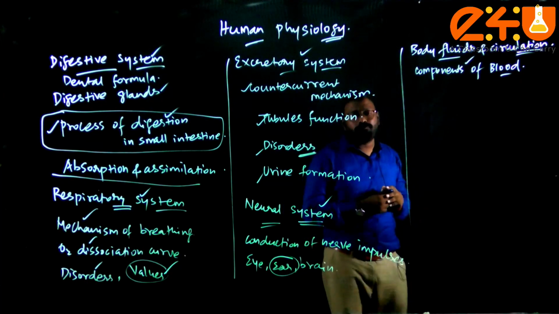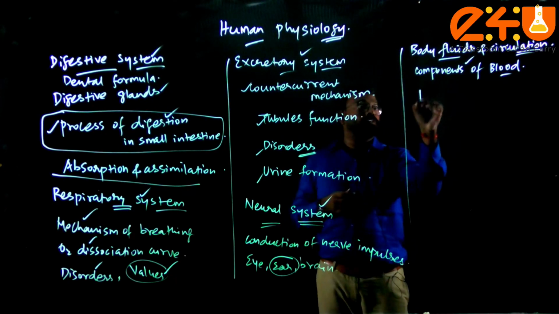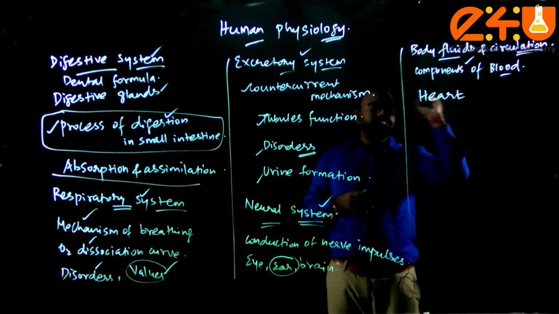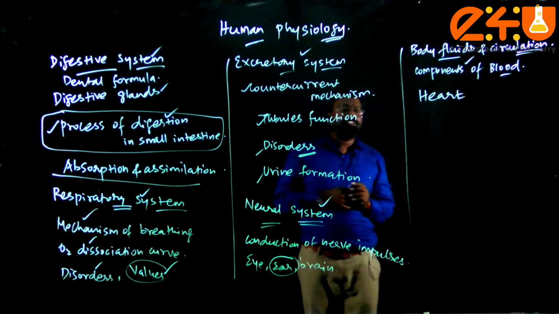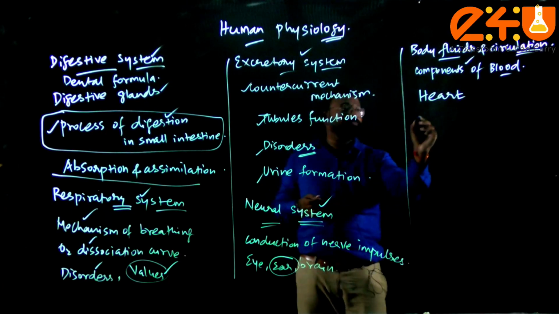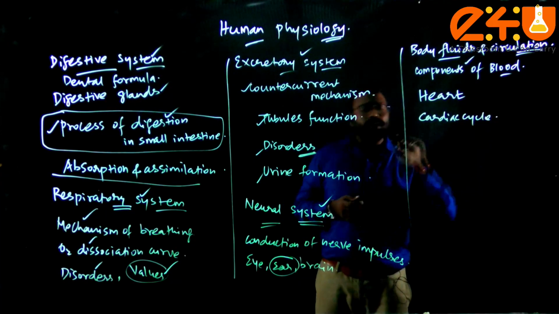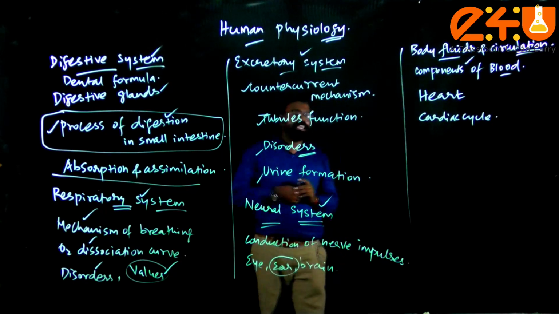After components of blood, you should have a hold on heart structure and function. In the heart, the cardiac cycle mechanism will create an impact in the paper.